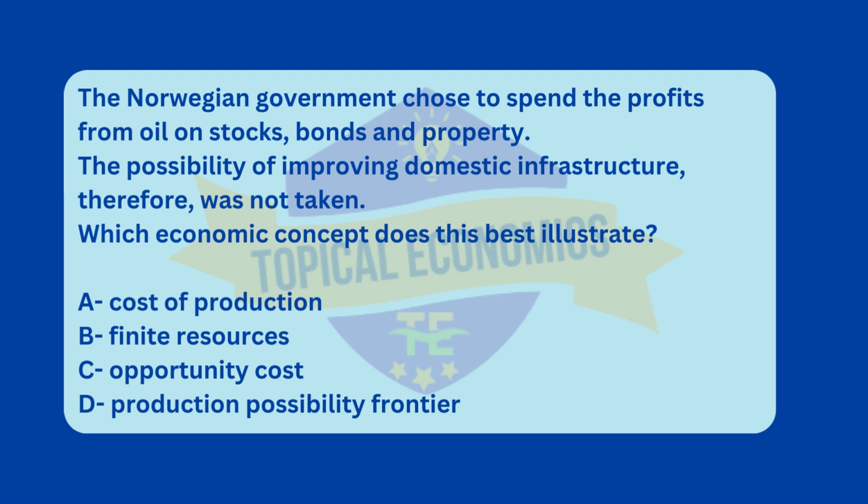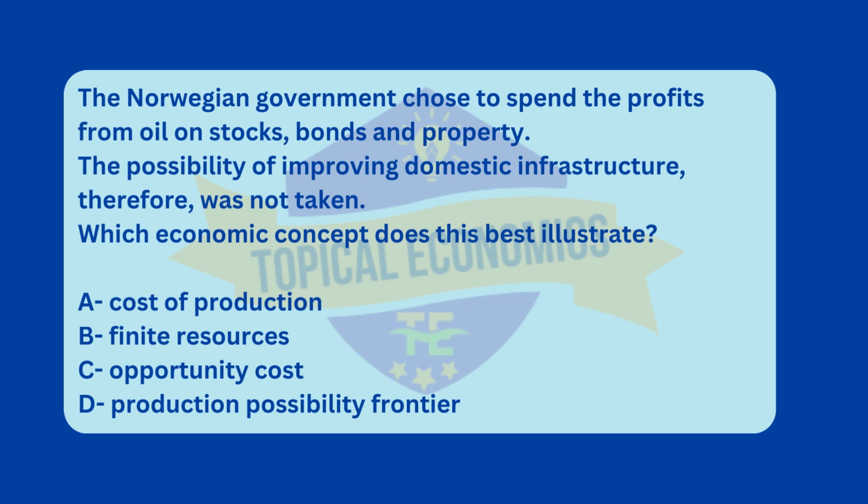The correct answer for this question is option C, opportunity cost. The situation described illustrates the concept of opportunity cost, which refers to the value of the next best alternative that is foregone when a choice is made. In this case, the Norwegian government decided to spend the profits from oil on stocks, bonds, and property.